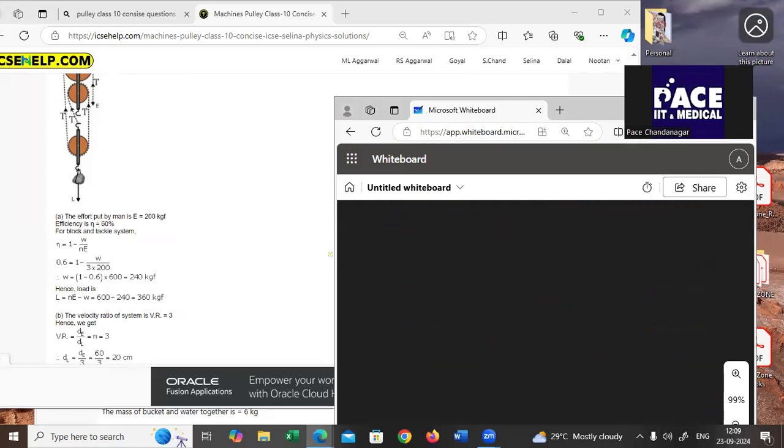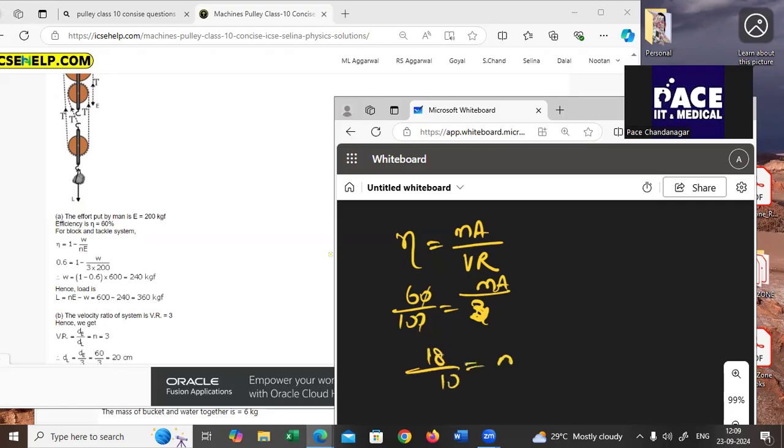So here efficiency is mechanical advantage by velocity ratio. Velocity ratio is 3. Mechanical advantage, we don't know, 60 by 100, 60%, right? So which is 6 3s are 18 by 10 is your mechanical advantage there, right? These are 18 by 10.